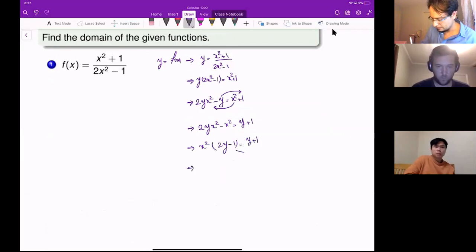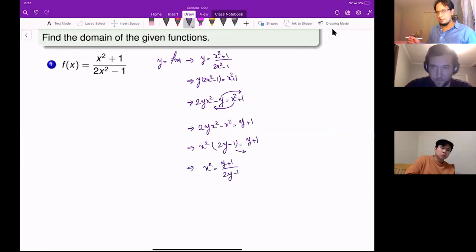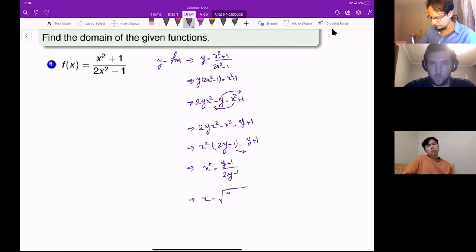And then I divide this to the other side. Well, I didn't solve it for x itself, but I solved it for x squared. But from there, then it's easy. You just go ahead, find the square root of that.